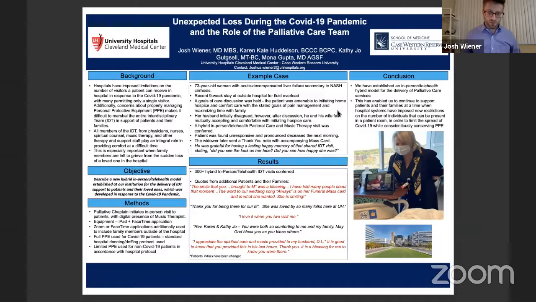Did you see how happy she was? And there's numerous other occasions where patients or their family or their loved ones have expressed significant gratitude for being able to continue to perform all the members' functions throughout this pandemic. In conclusion, we've been able to deliver over 300 hybrid in-person telehealth IDT visits, particularly with our pastoral care and music therapist, which are seen here in an example in this photograph.